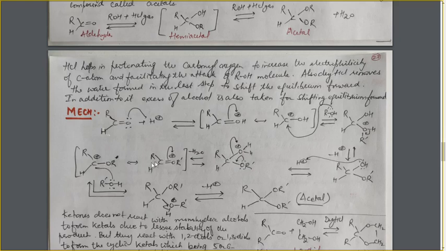Electron will move from this position and this carbon atom will get positively charged, and the alcohol molecule in this step will attack this carbon atom, and now the electrons are donated by this alcohol molecule. Now the oxygen atom will get positively charged. To remove its positive charge, it will take the electron from the OH bond, and as a result the complete acetal is formed. So this is the mechanism for the formation of acetal from aldehydes.